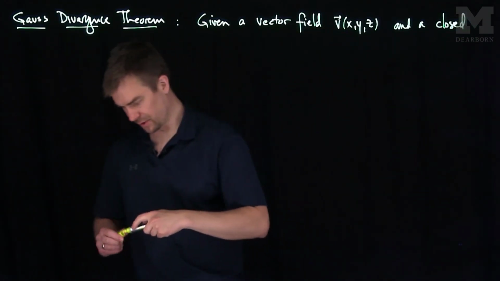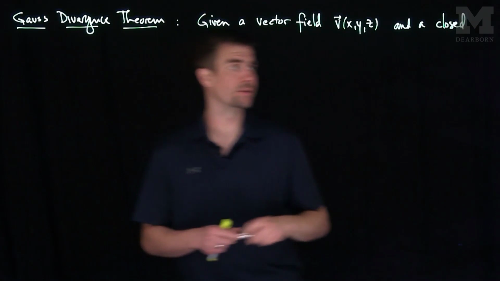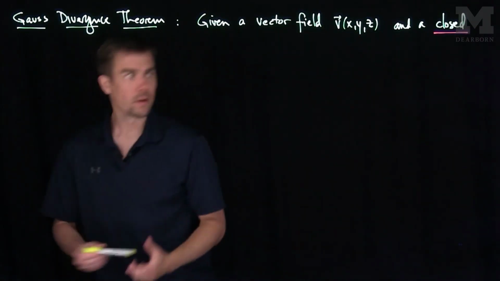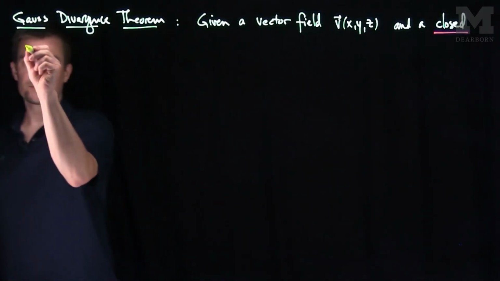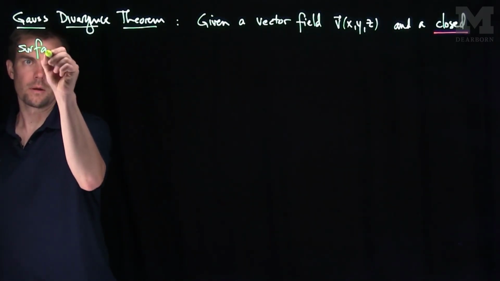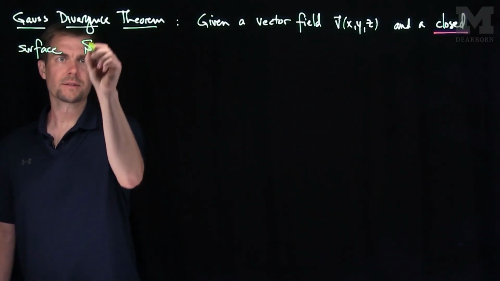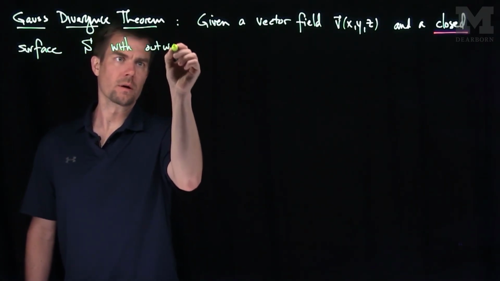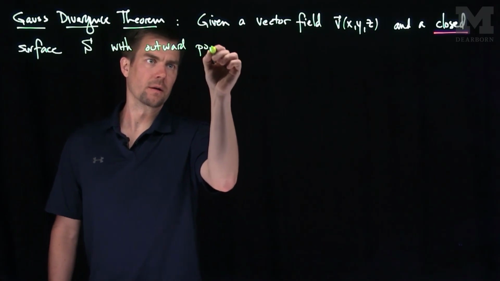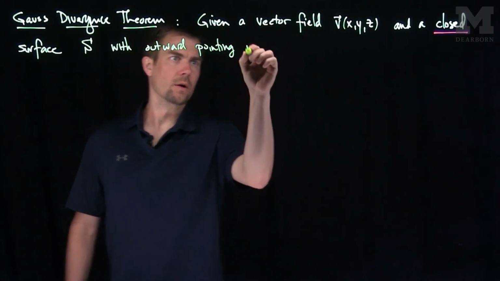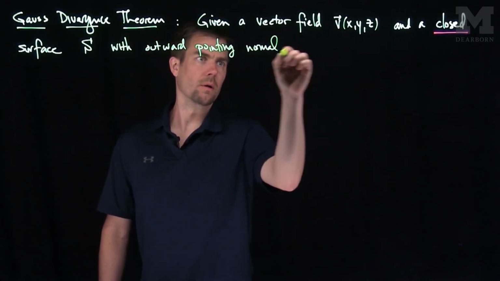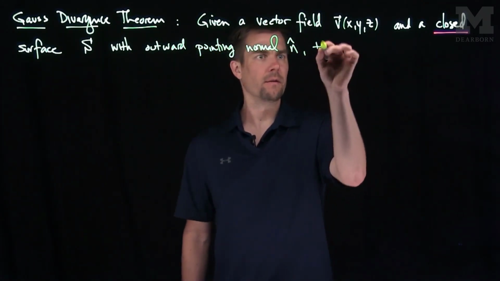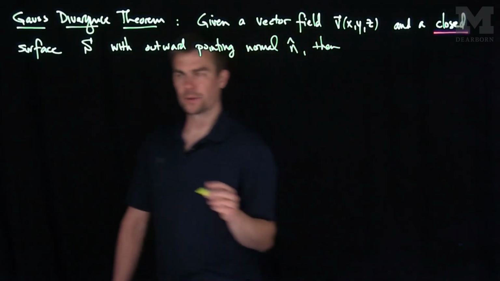You need to have a closed surface, so you want to think of a box or a sphere or an ellipsoid. A closed surface S, with outward pointing normal n hat.